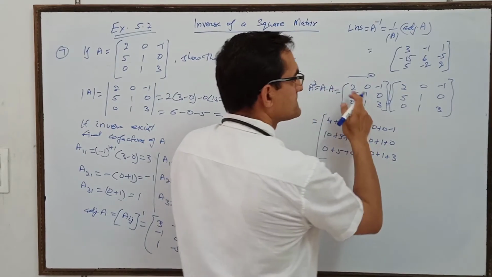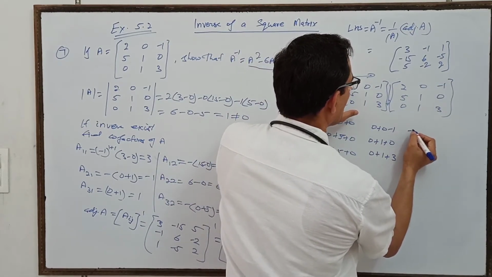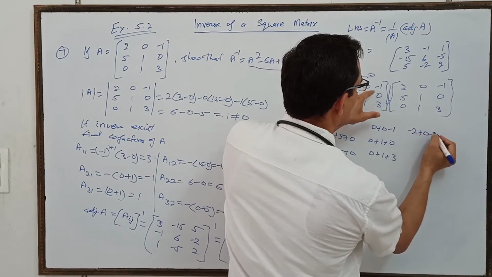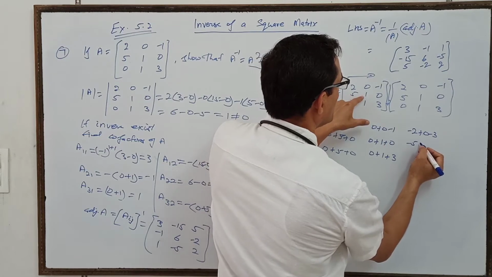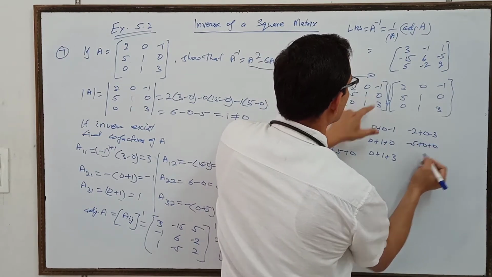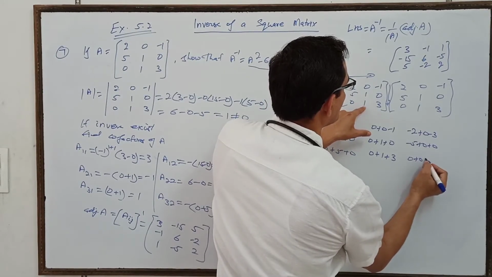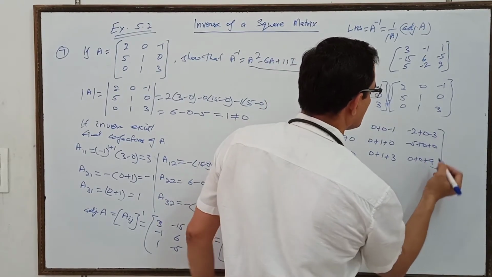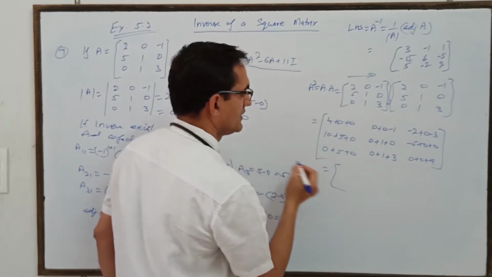Next is this row by this column. So 2 into minus 1 is minus 2, plus 0, minus 3. And this row by this column: so minus 5, plus 0, and plus 0. This row by this column: so 0 plus 0 plus 9. So this is equal to A square.